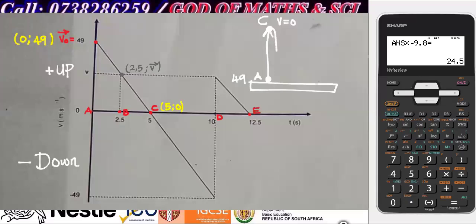Then it comes down. When it comes down to that point, let's call it D, the velocity must be the same as 49. So it's going to be 49, but in the opposite direction. That's why we need a minus. Can you see? Negative 49 with that one. Then after that, it's going to hit the ground. It must rebound, go up.